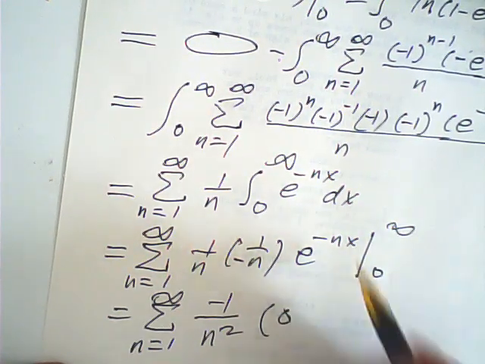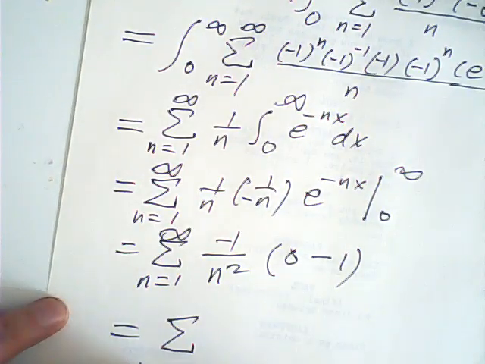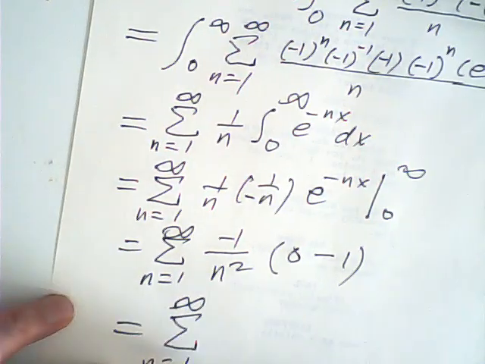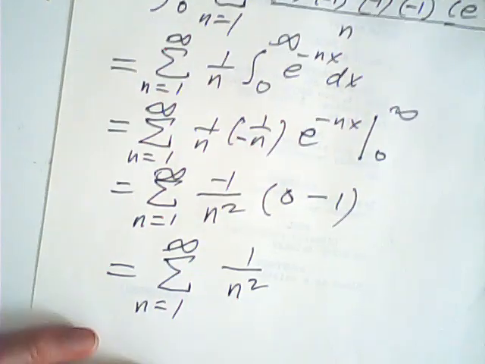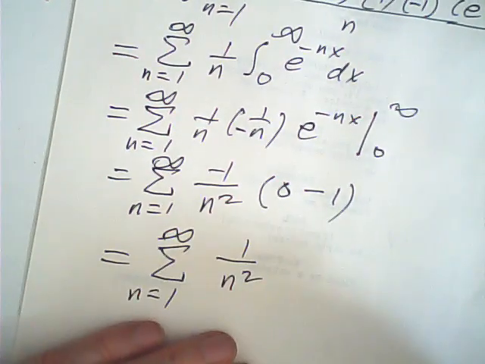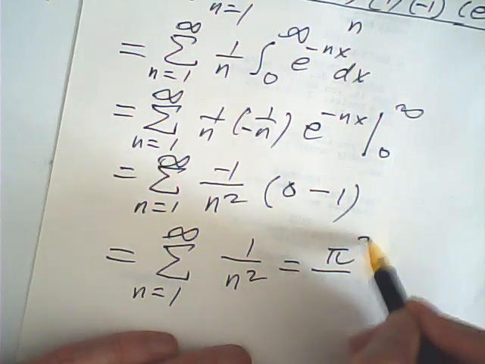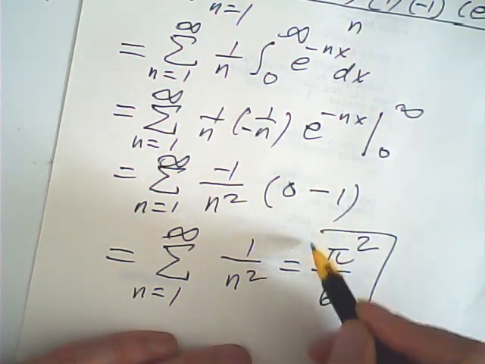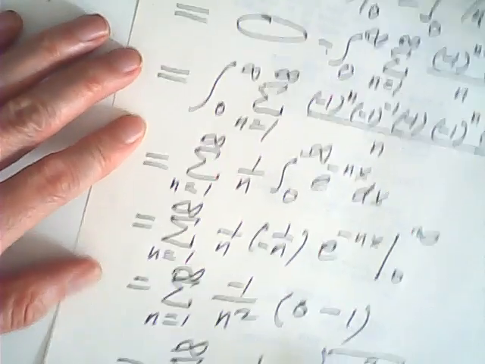This is 0, right? This is minus 1. So we end up with the sum of positive 1 over n squared. Yeah, that is the famous Basel problem. That is equal to pi squared over 6, right? That is our result for this integral.